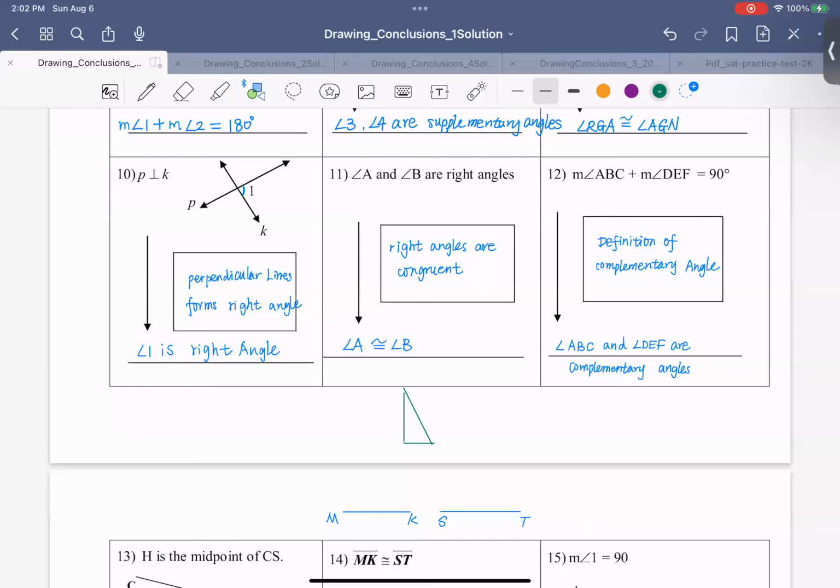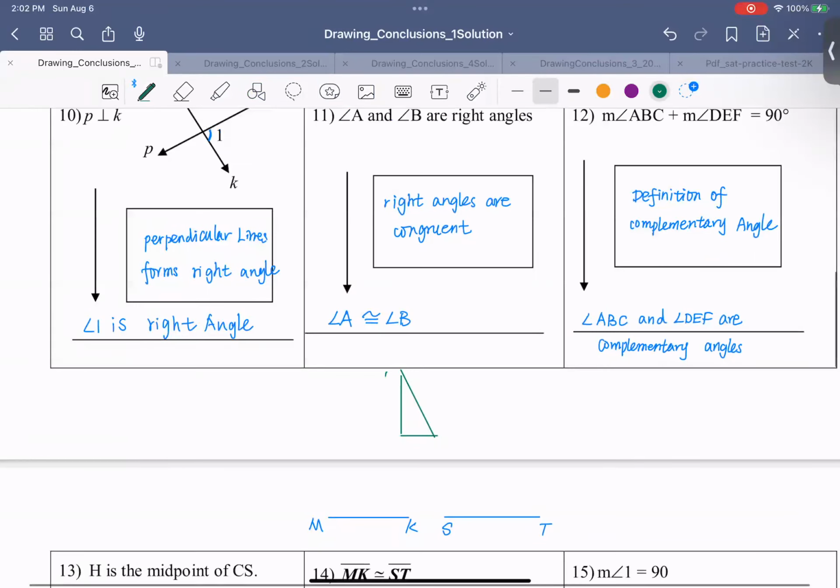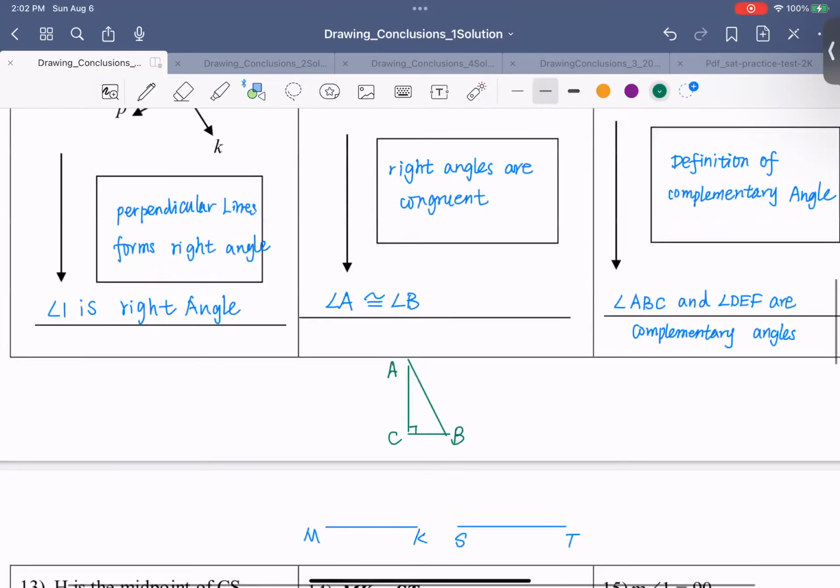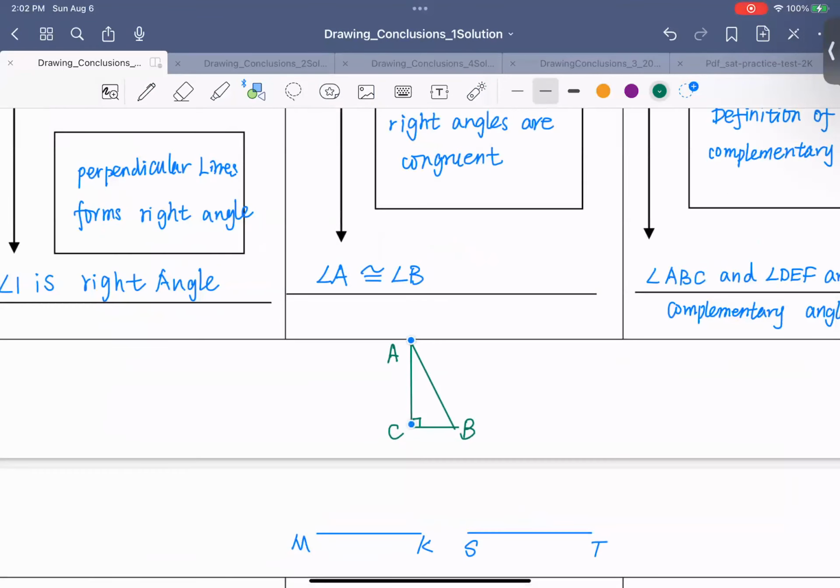For example, over here, this is triangle ABC. We usually use uppercase letters to stand for the angles, and lowercase letters to stand for the sides. The opposite side of capital B is lowercase b. Capital C corresponds to lowercase c.